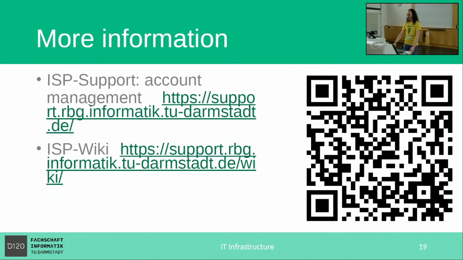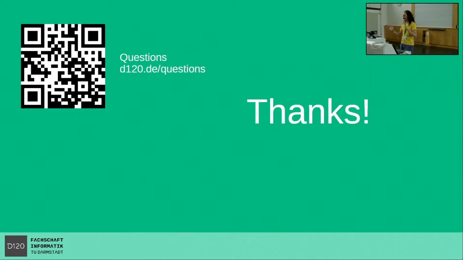So, to close, the ISP also has a support site and a wiki if you have anything else that you want to know about the ISP. Apart from that, this was a very short run and I am on time.